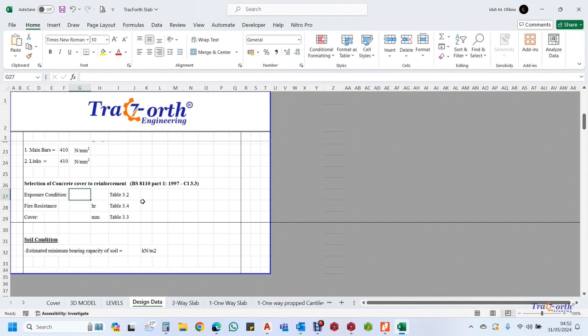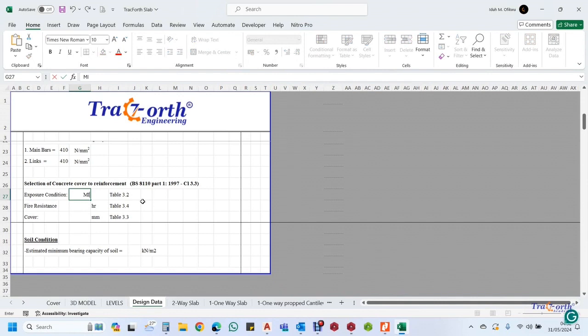So you have different conditions. So you must determine this slab, how exposed is it? Is it exposed to water? Is it exposed to aggressive condition? Is it exposed to severe condition? But in this case, we are going to assume that it is exposed to mild condition.